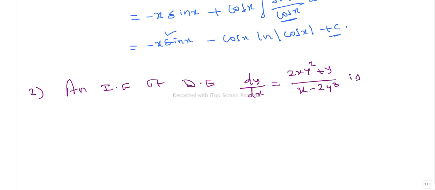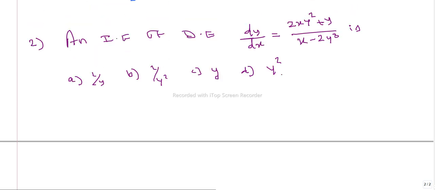First option 1 by y, second option 1 by y square, third option y, fourth option y square. So first we have to check whether the equation is exact or not, and then find the integrating factor.